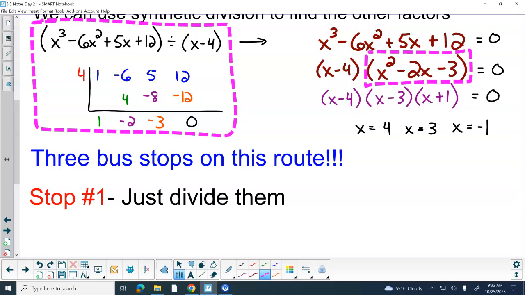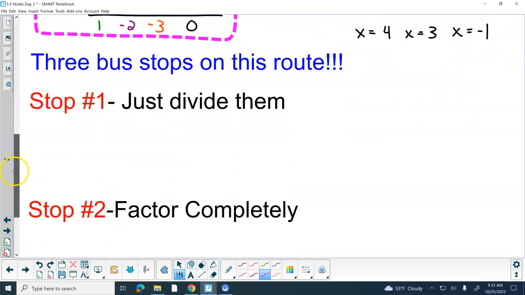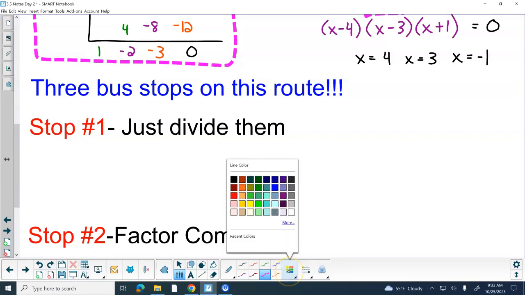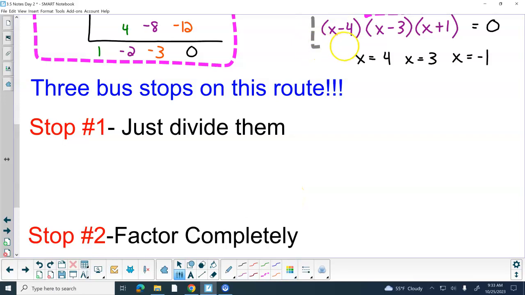Bus stop number 2 says you need to factor your polynomial completely. That, let's go with 3, is this step right there.